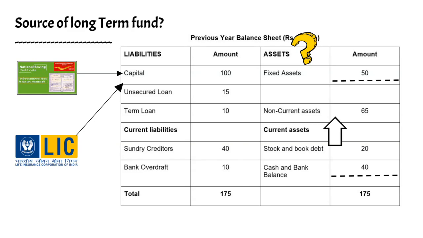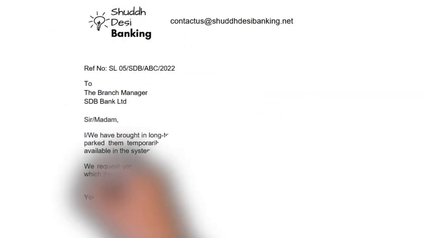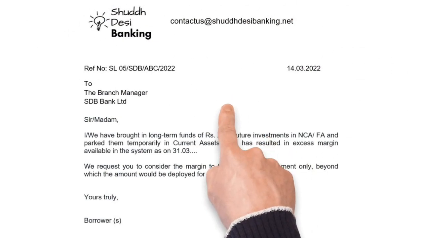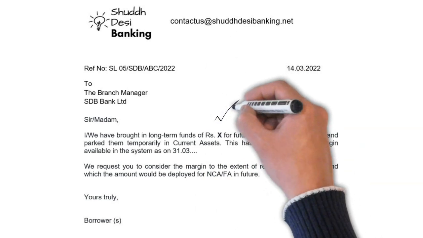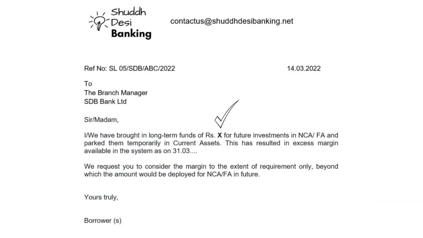So what do we do? We take a declaration from the borrower stating that rupees X was brought in by him with an intention of investment in non-current asset or fixed asset in the next financial year. So, the margin was intended for fixed asset and not the current asset.